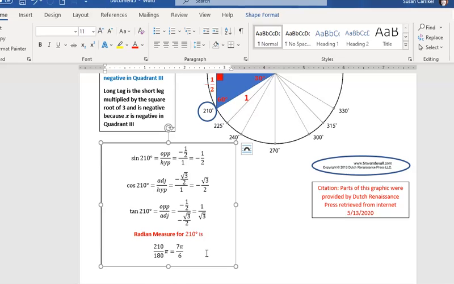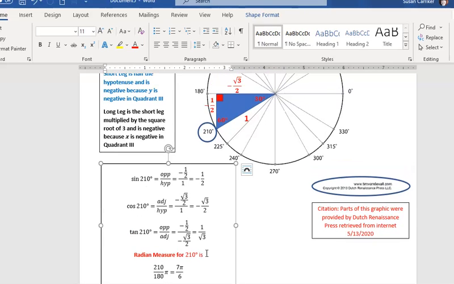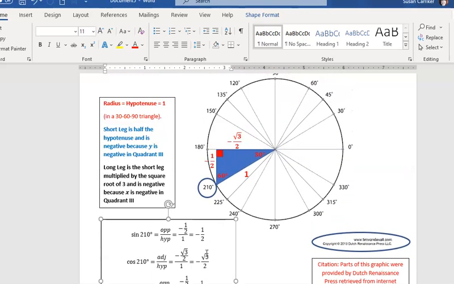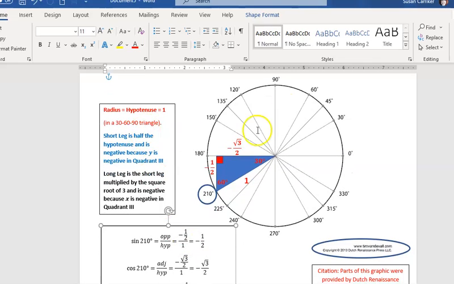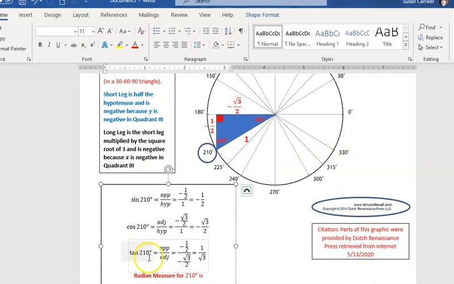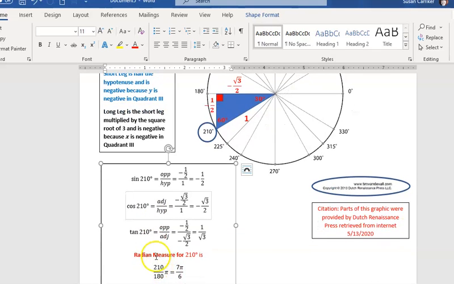So 7 pi over 6 is your radian measure for 210. And that's basically it. So that's using a unit circle and a triangle to determine the sine, the cosine, and the tangent of your angle, and then converting that angle measure from degrees to radians.